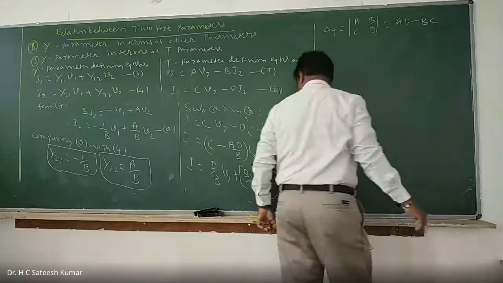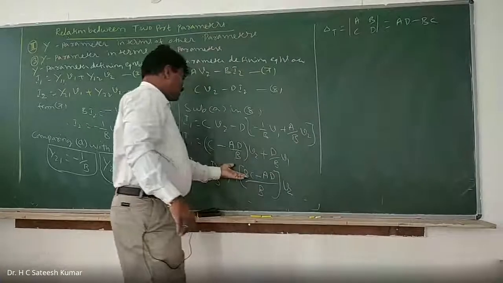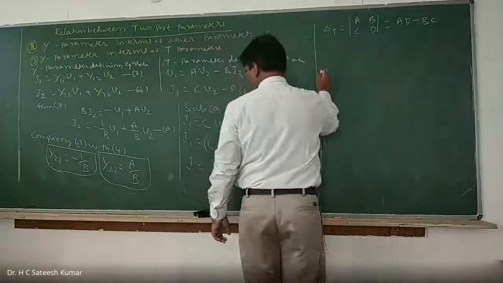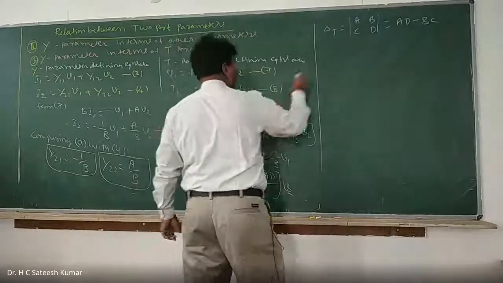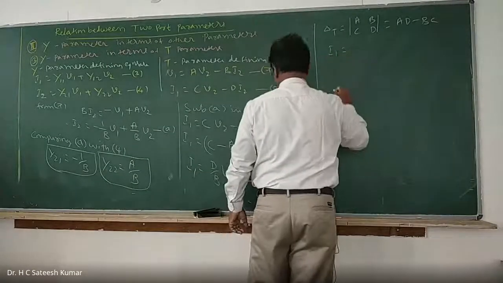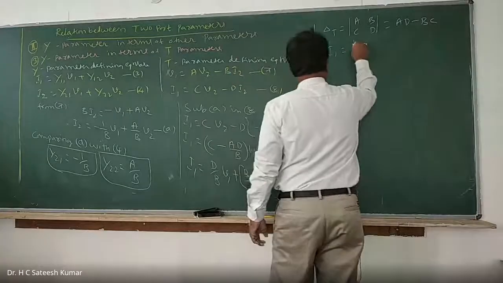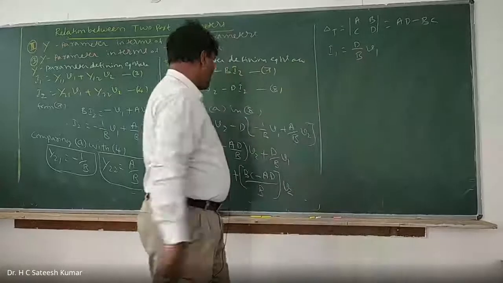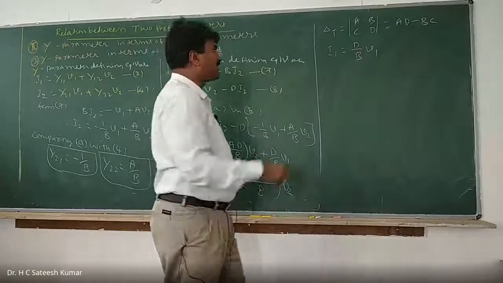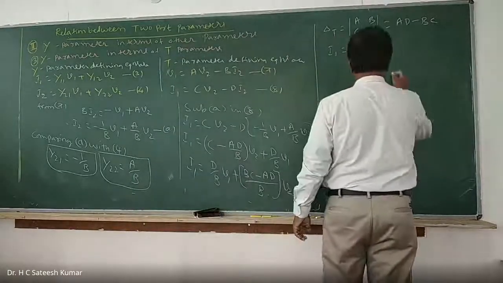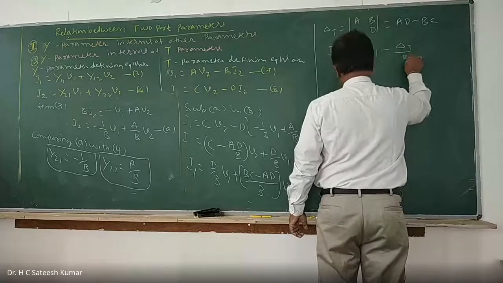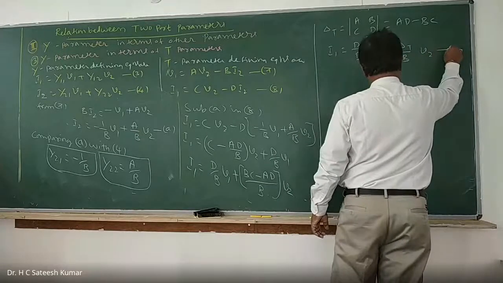But here it is BC minus AD. Therefore, you can take the minus sign outside, and I1 is equal to D by B into V1 minus delta T divided by B into V2. Call this equation number B.